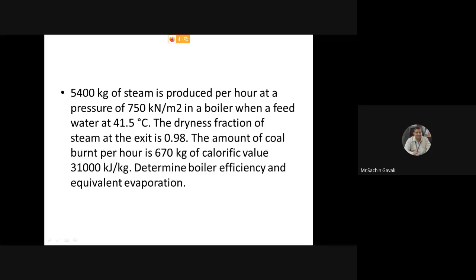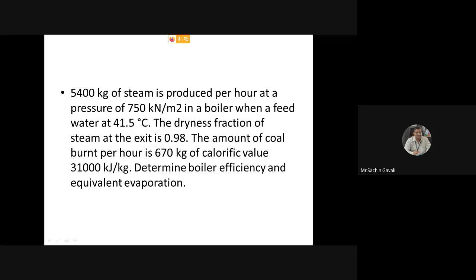A similar numerical, but the steam is now different. What is the quality of steam? The quality of steam here is not dry and saturated.